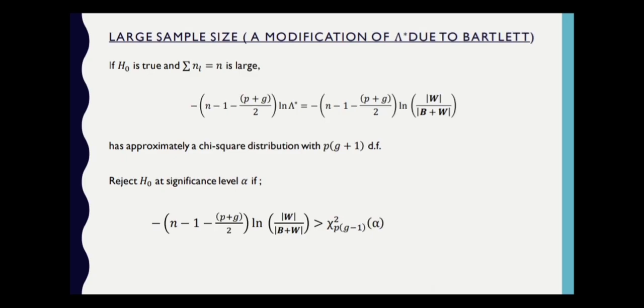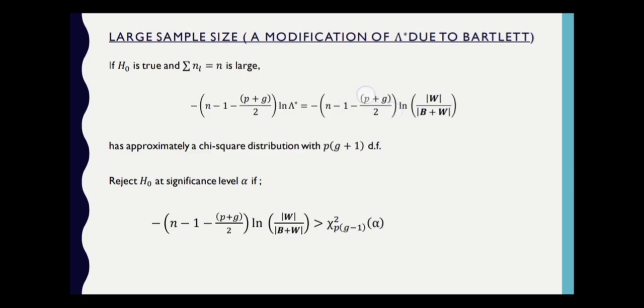We can use this formula and modification from the Bartlett sebenarnya. Okay, which is kita compare dengan chi-square distribution. Before this, kita compare dengan F. So, ada dua cara lah kalau large sample size. Sama ada you gunakan the previous method tadi ataupun gunakan this method untuk dapatkan F statistik.